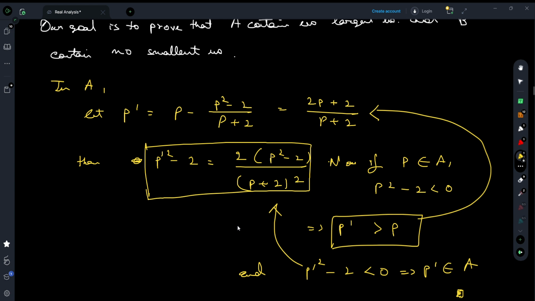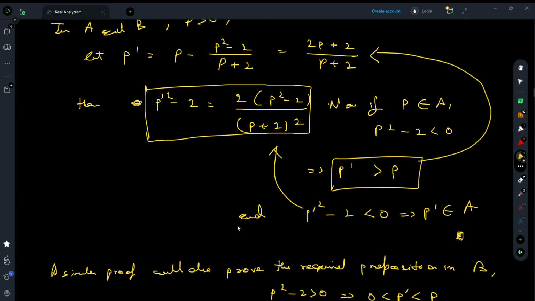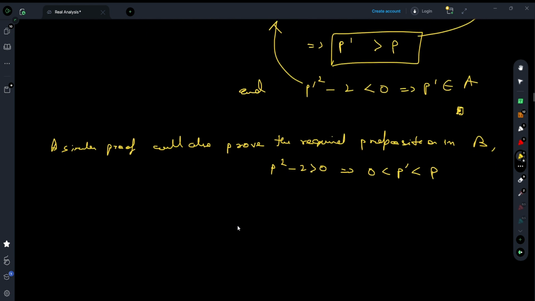So that will imply that p dash will be greater than 0 and less than p. Let's say p is greater than 0 in B, and then we do these things. And p dash square minus 2 will also be greater than 0 by the second statement, which will imply that p dash is inside B.